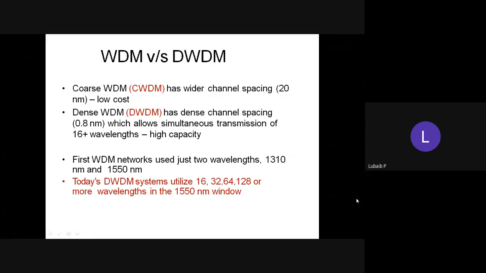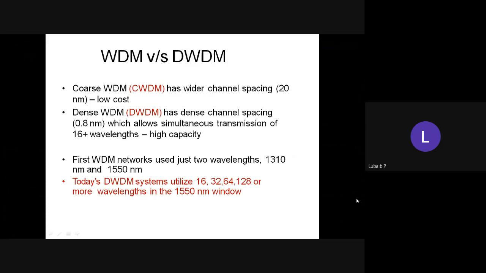The first wavelength division multiplexing networks used just two wavelengths, 1310 nanometer and 1550 nanometer. Today's DWDM systems utilize 16, 32, 64, 128 or more wavelengths in the 1550 nanometer window, with dense channel spacing.